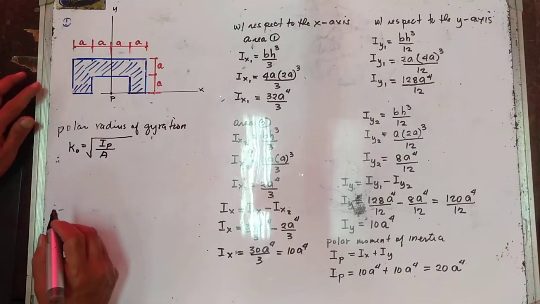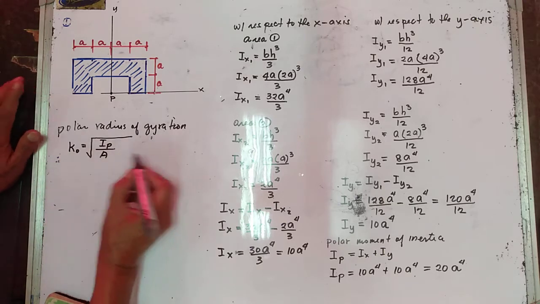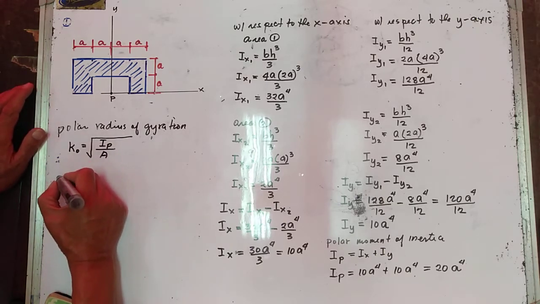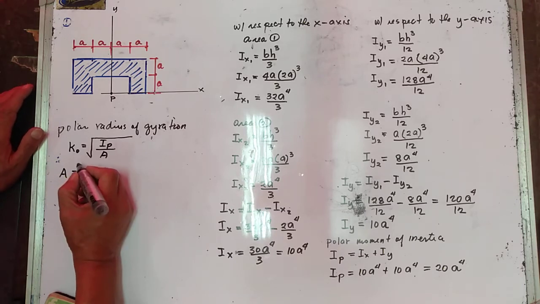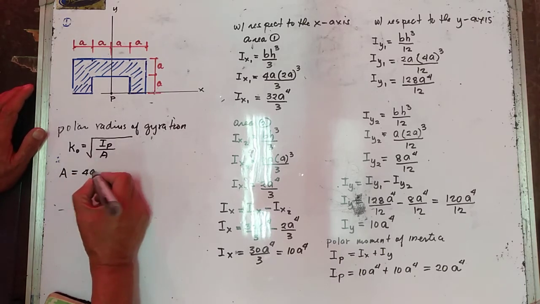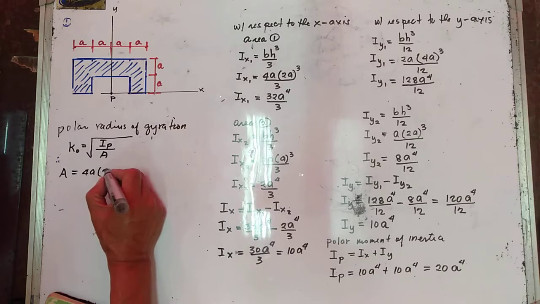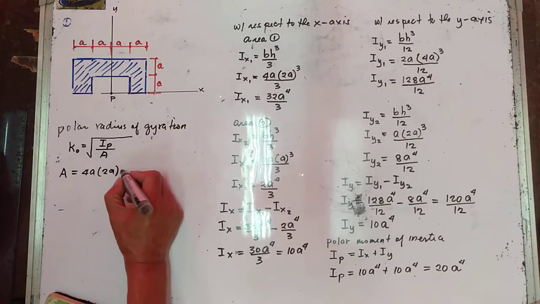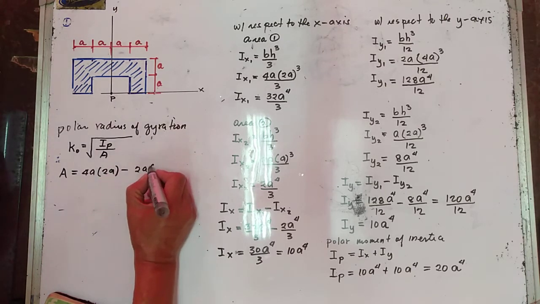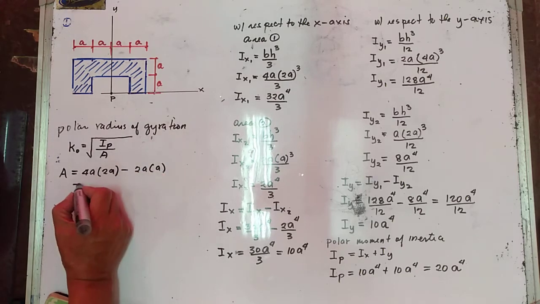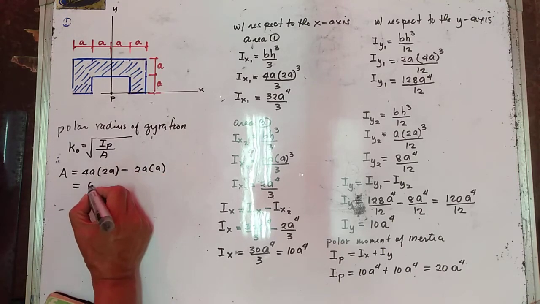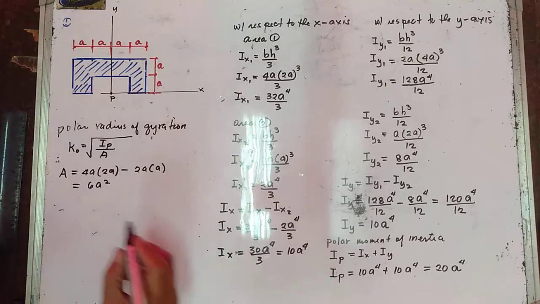The total area is area 1 minus area 2. So the total area is equal to 4a, the first figure, multiplied by 2a, minus 2a multiplied by a, or this is equal to 6a squared.